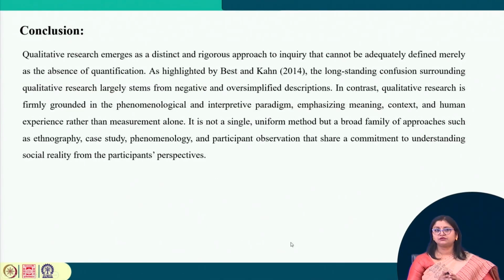So, now the conclusion. Qualitative research emerges as a distinct and rigorous approach to inquiry that cannot be adequately defined merely as the absence of quantification. This was the misconception, and as highlighted by Best and Kahn, the longstanding confusion surrounding qualitative research largely stems from negative and oversimplified descriptions.